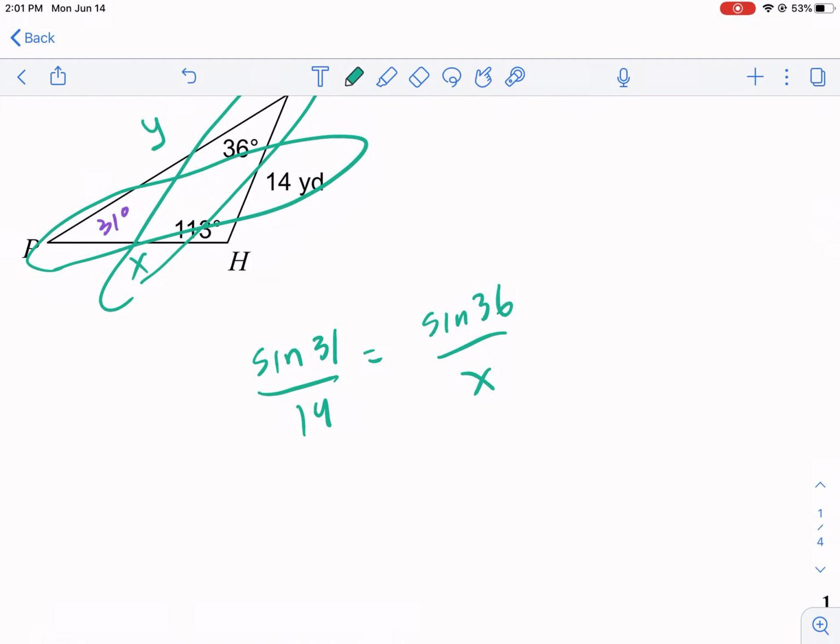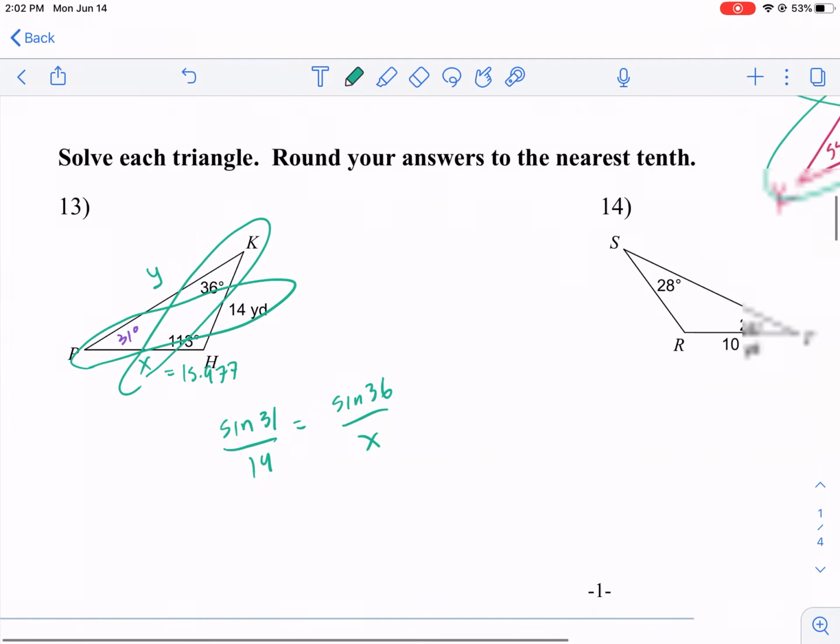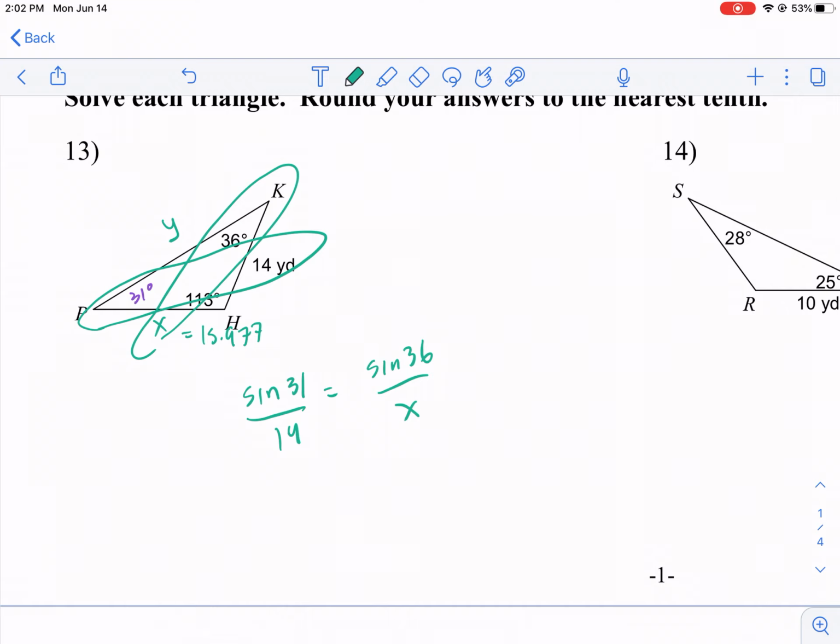Then I'm going to type in sine 36 times 14, and divide that by sine of 31, and I get x equals 15.977. Rounding to the nearest tenth, that's 16. So 16 yards for that one.